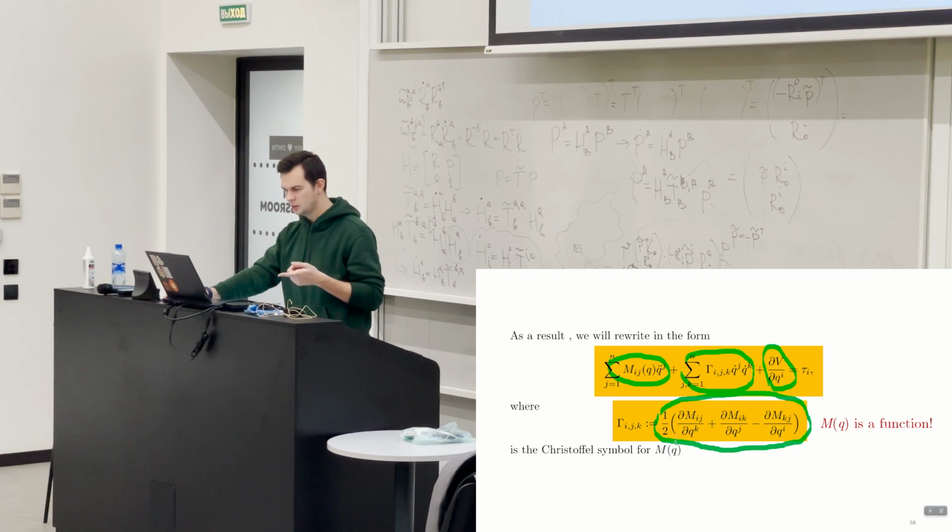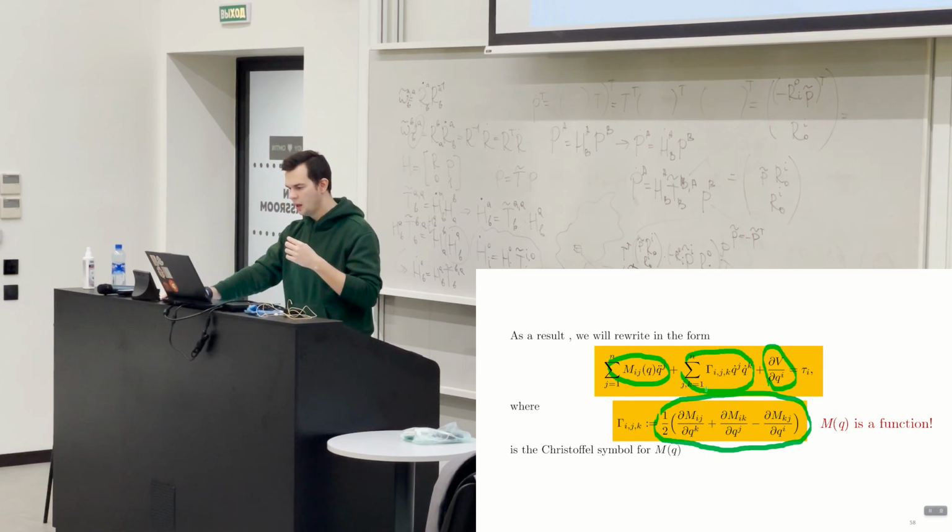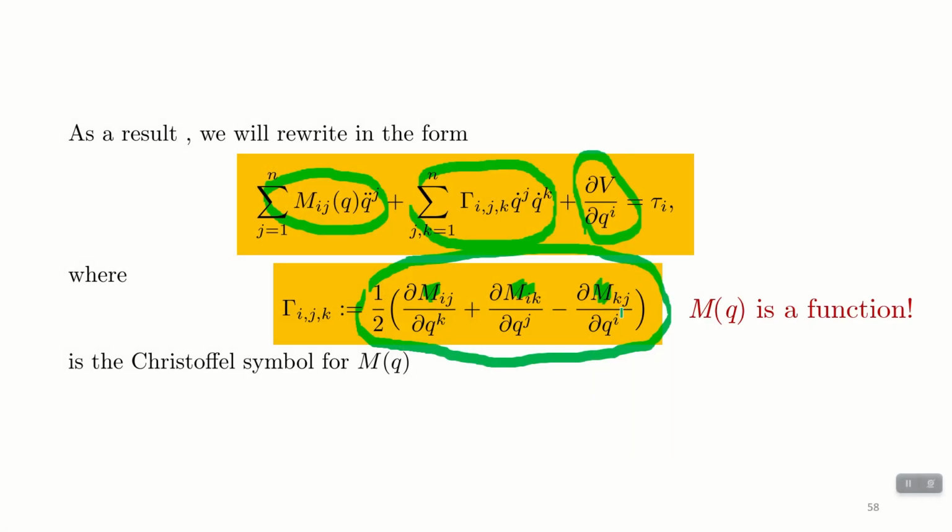And you can see that capital gamma times q dot is nothing else than the Coriolis vector, and we can compute it if we know the matrix M. So automatically out of there, we do not need to compute it independently.